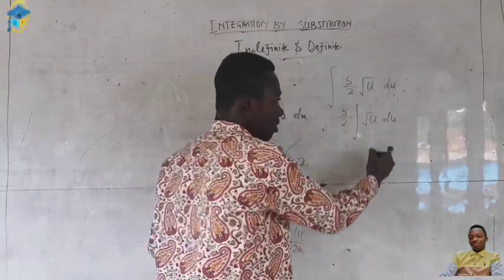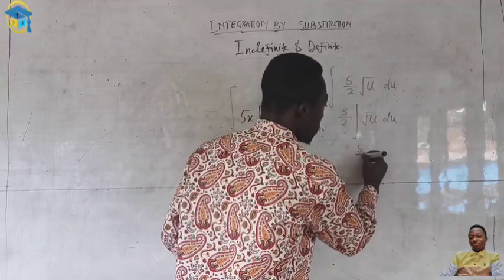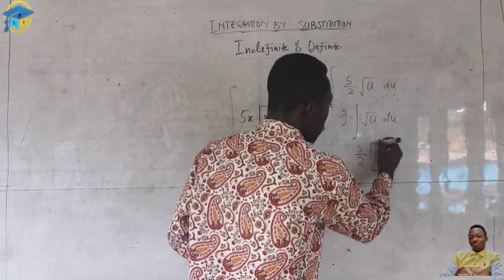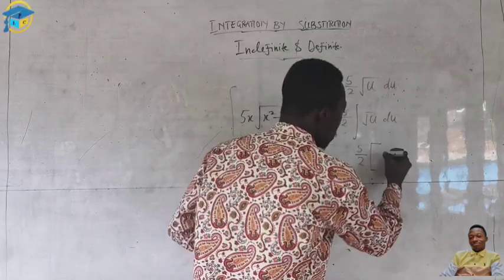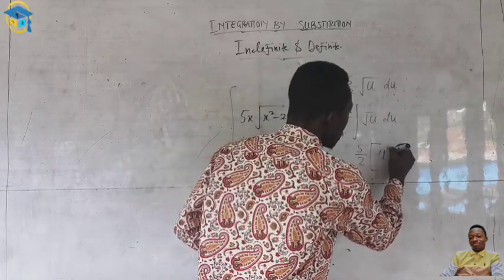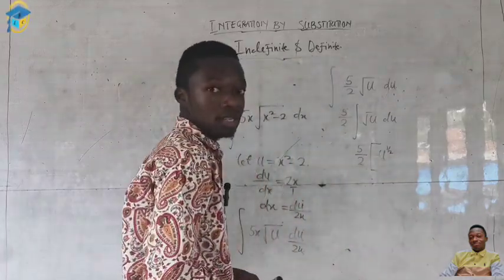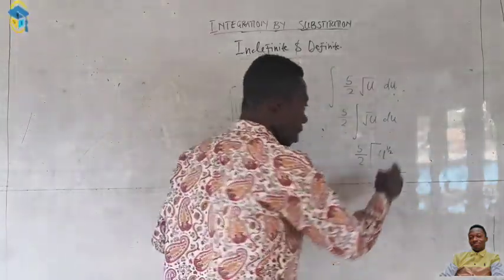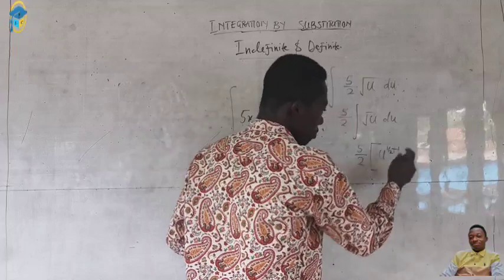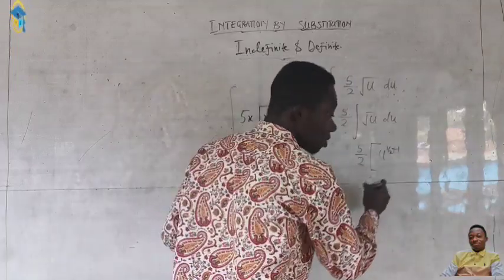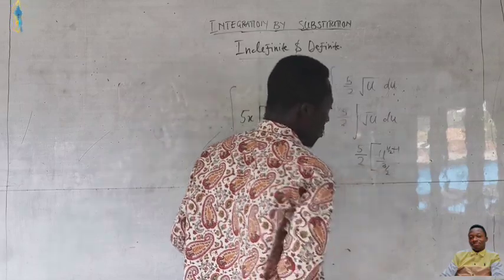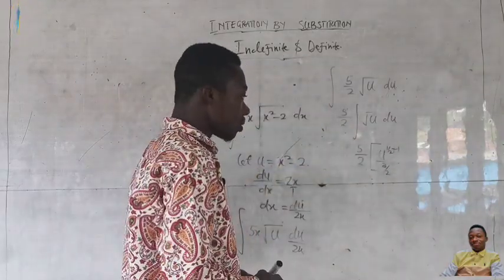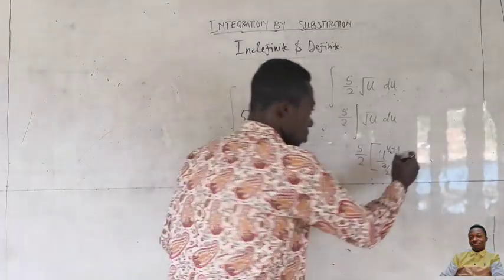In integrating this, we have 5 over 2 times u to the power of 1 over 2. Remember, square root is the same thing as the power of a half. To integrate, I add 1 to the power, and 1 plus a half gives 3 over 2. So I divide u to the power of 3 over 2 by 3 over 2.